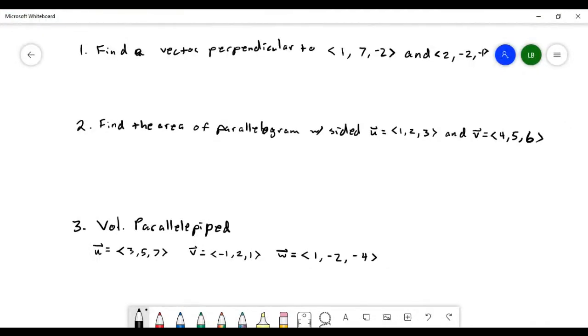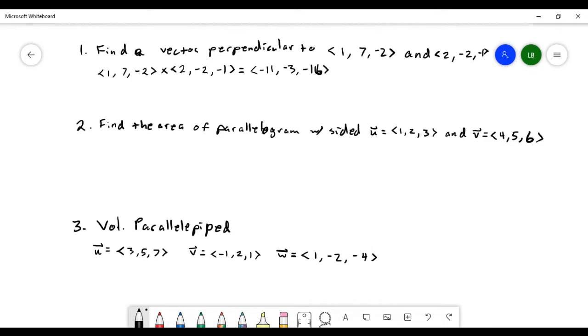Let's see. So remember, to find a vector perpendicular to two other vectors, you can just take the cross product. So the cross product between (1, 7, -2) and (2, -2, -1) comes out to be (-11, -3, -16).